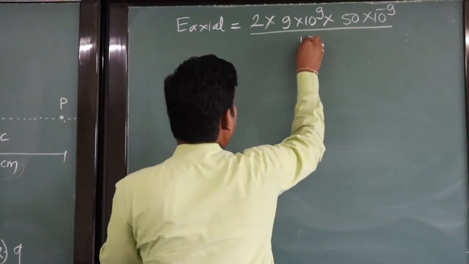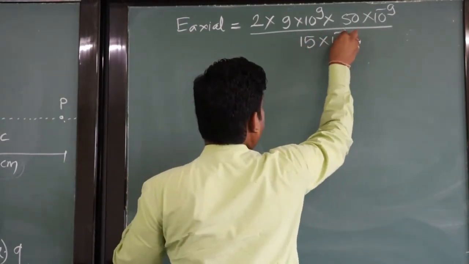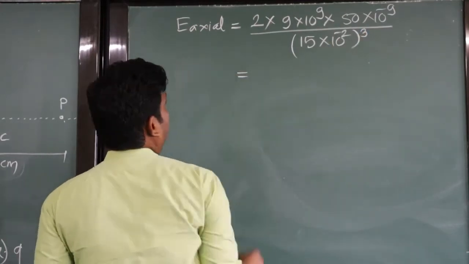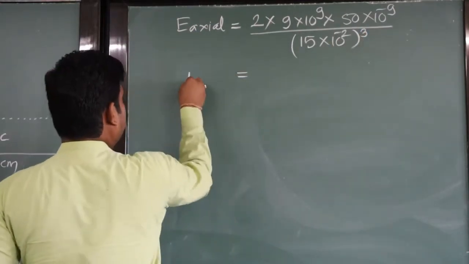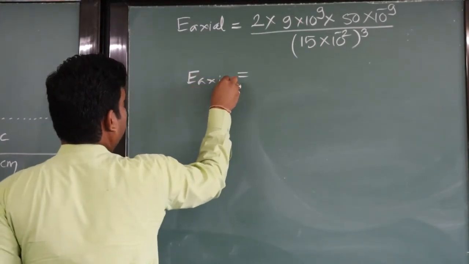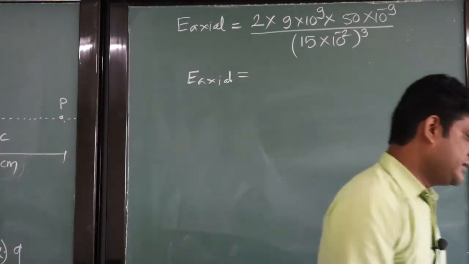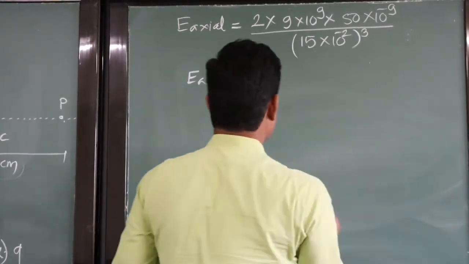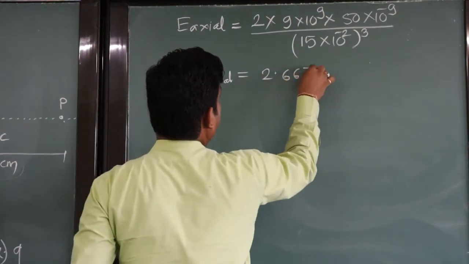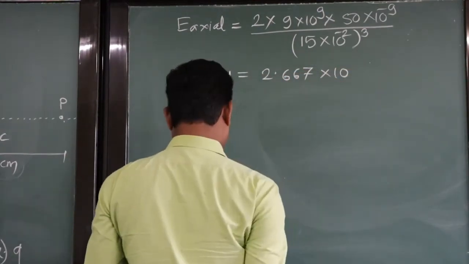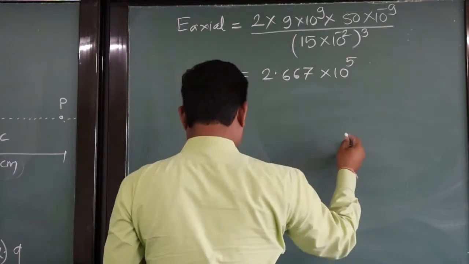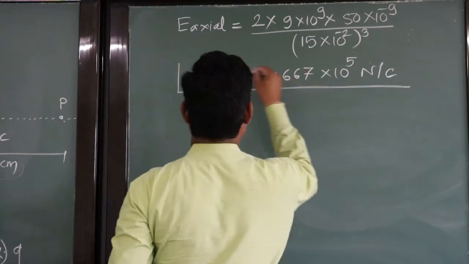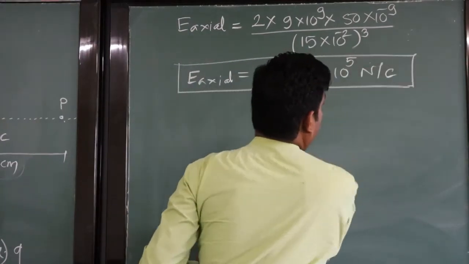So 15 into 10 to the power minus 2 meter, cube, right. You just solve this, you will get the answer E axial equal to near about 2.667 into 10 to the power 5 Newton per Coulomb. This will be your answer. This is the first question.